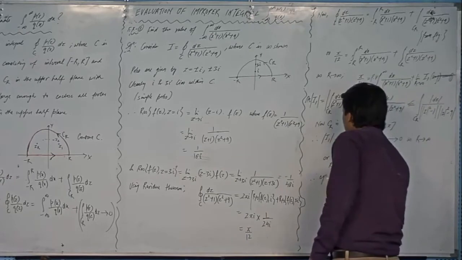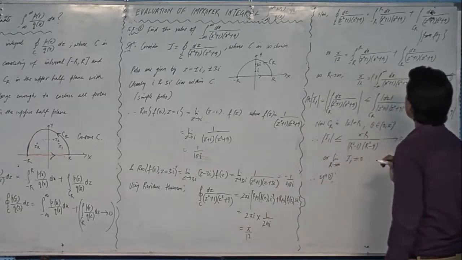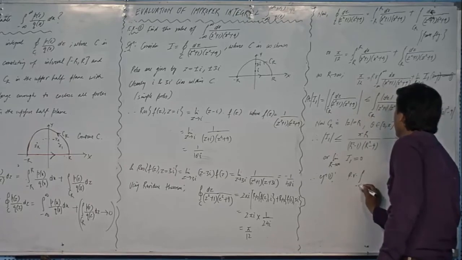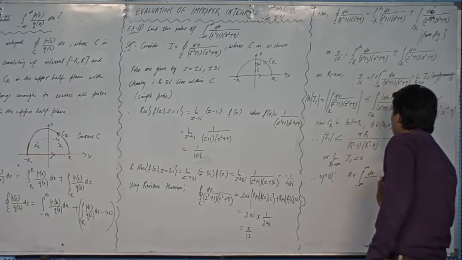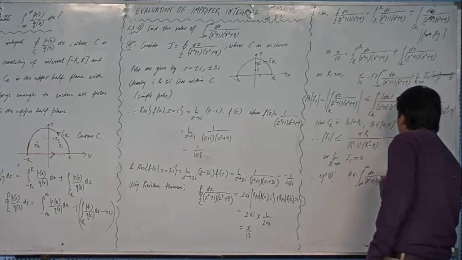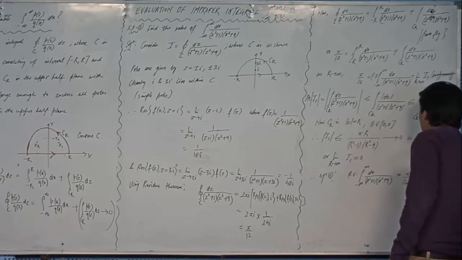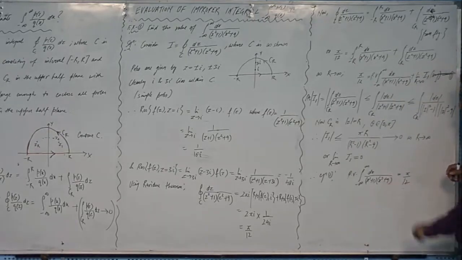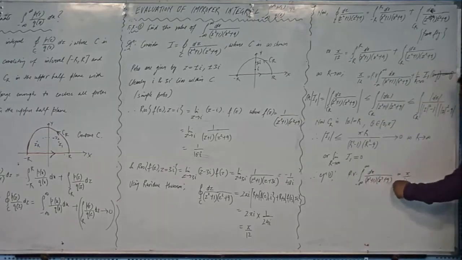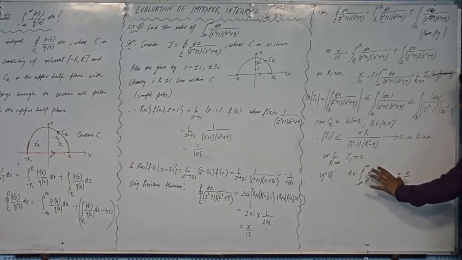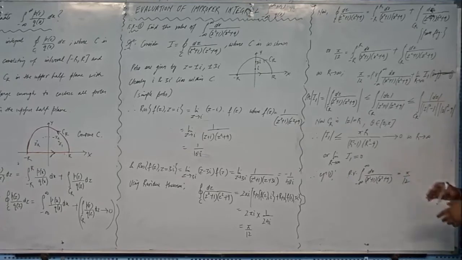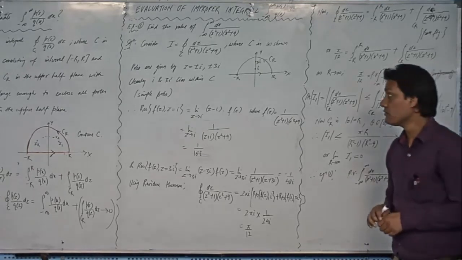Therefore, equation 1 will give me the principal value of the integral from minus infinity to infinity of dx over (x square plus 1)(x square plus 9), which is equal to pi over 12, because I1 is equal to 0, right? But since this is an even function, all even powers of x occur here, so the principal value is actually equal to the value of the integral whenever we have an even function.